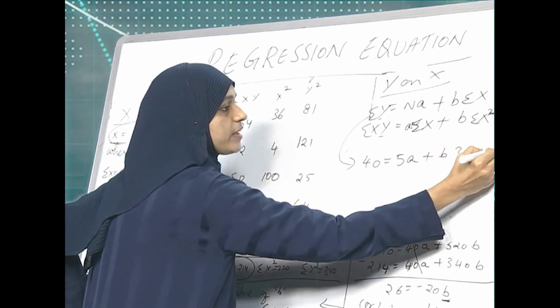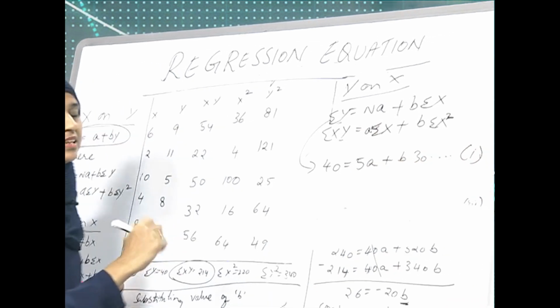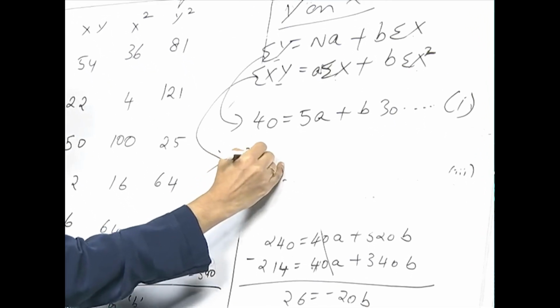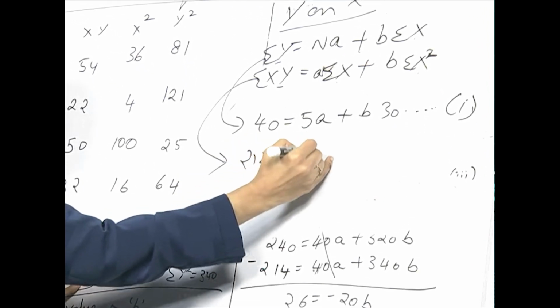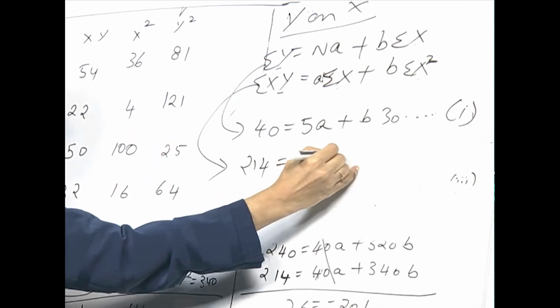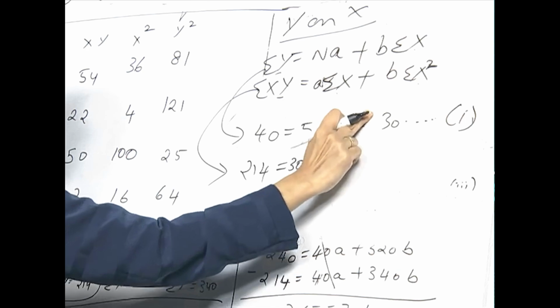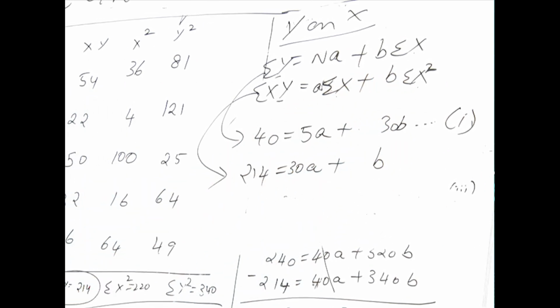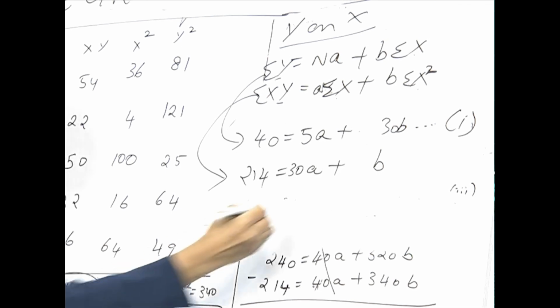So this we will get as equation 1. Similarly, if we solve this, we will get 214. a we don't know, so put it as a, and sigma x was 30. So 30a plus b we don't know, so put it as b, numbers always come first, and x square summation was 220.